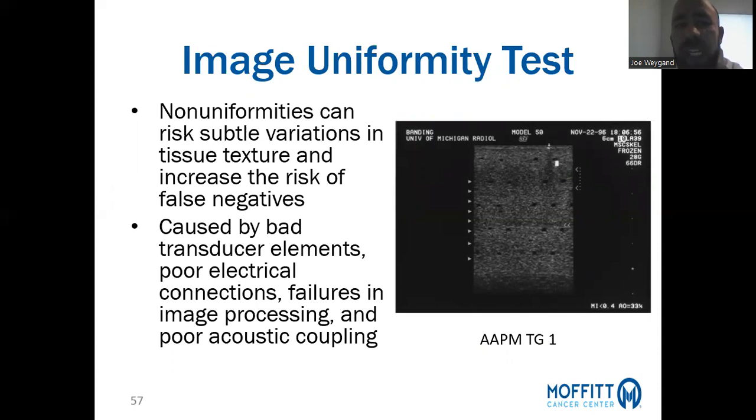Non-uniformities are bad because they can obscure subtle variations in tissue texture, and this increases the risk of false negatives. They can be caused by the transducer elements, poor electrical connections, failures in the image processing algorithm, and poor acoustic coupling. Basically, you image a region of the phantom that is known to be more or less homogeneous, and then you qualitatively assess the image for non-uniformities.